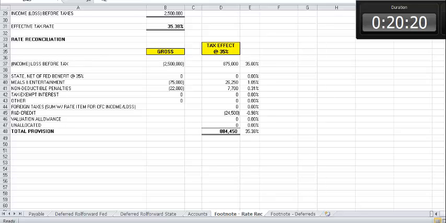So if you thought of the entry that I must have booked last year for this, last year I must have debited my DTA for the $50,000 credit, and then I would have credited my provision. Okay, so I don't need to benefit that credit again because I've already benefited that.